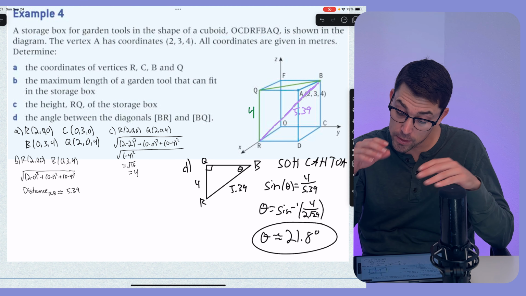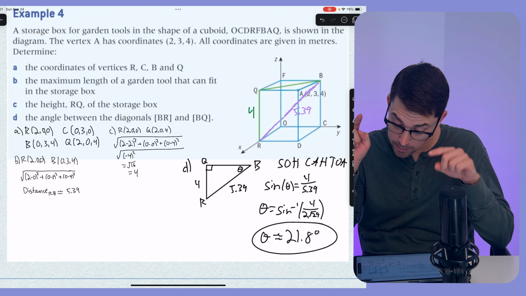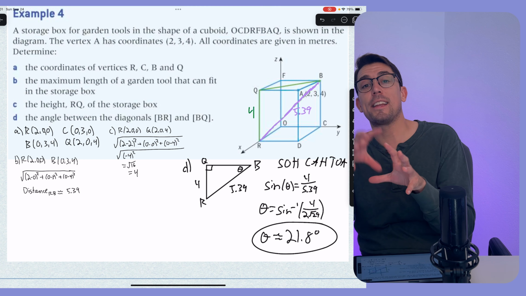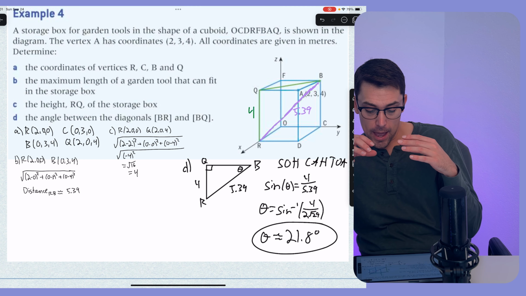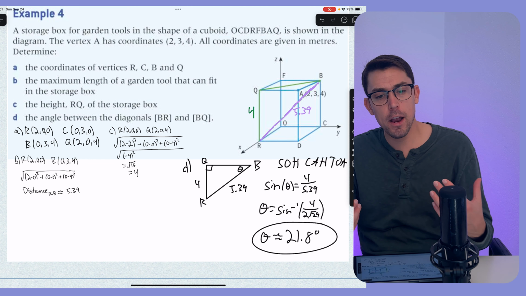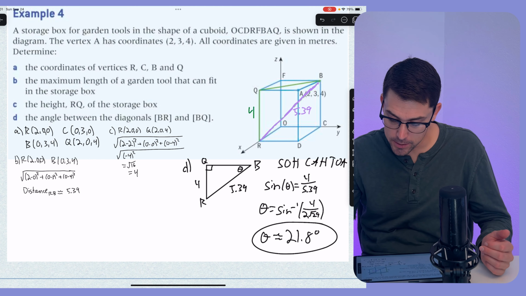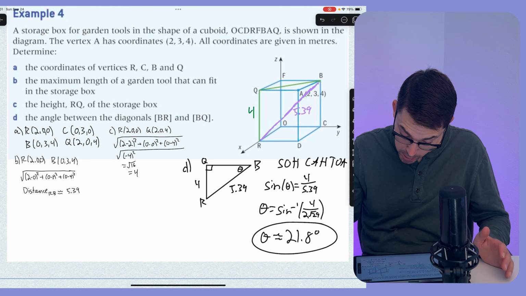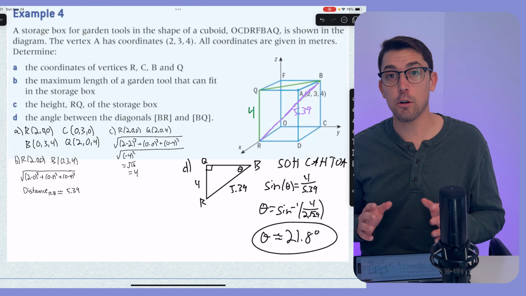Then, using the value of the height as well as the diagonal that goes across for the longest shape, we extracted a right triangle, and from there we just used our simple SOHCAHTOA properties and found that the angle between BR and BQ is 21.8 degrees.